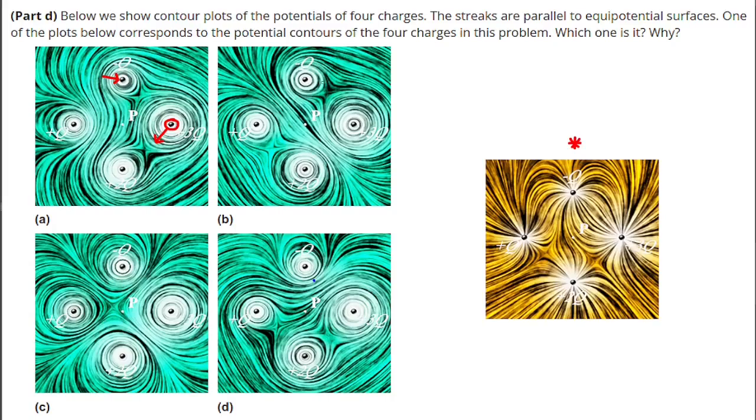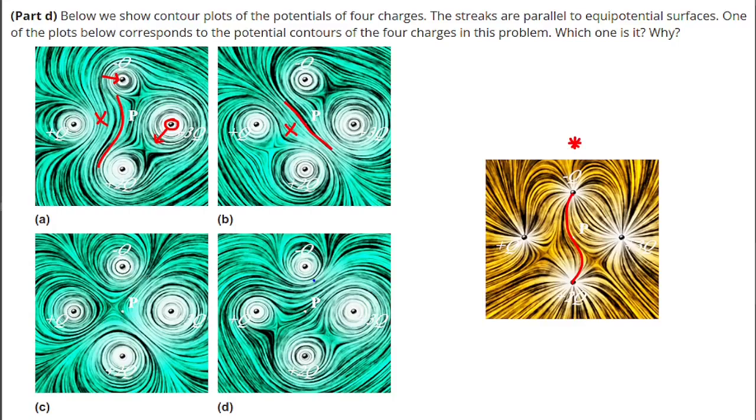So it's hard to see the difference between all these figures. But we also know the equipotential lines are perpendicular to the electric field lines. So if we look at our electric field line through P, it looks something like this. And the equipotential line through P is not perpendicular, so this can't be correct. And similarly, the equipotential line through P in this figure is not perpendicular to the electric field line, so that's not correct.